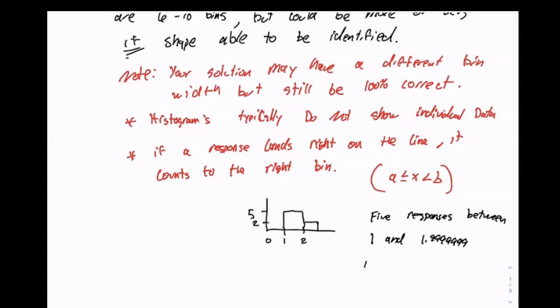And in this case, there were 2 responses between 2 and 3, not including 3. So this parenthesis means not including.